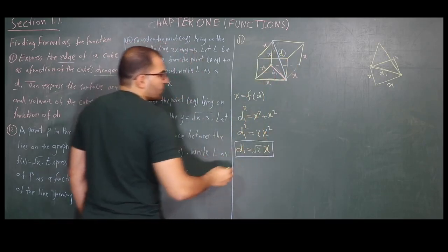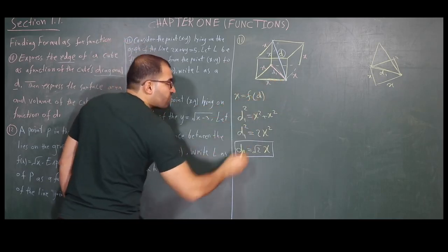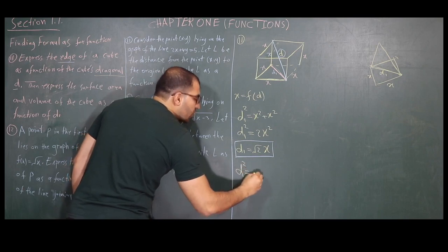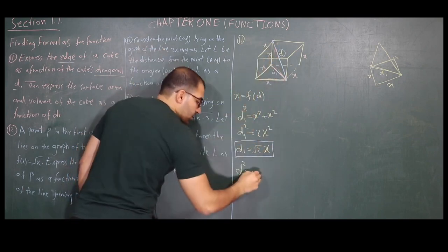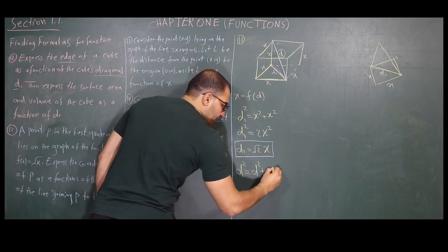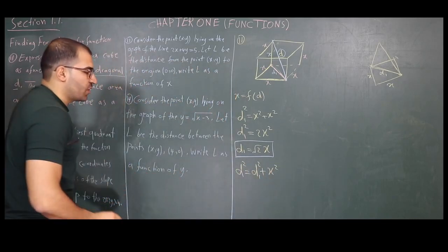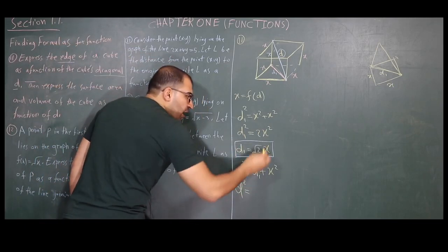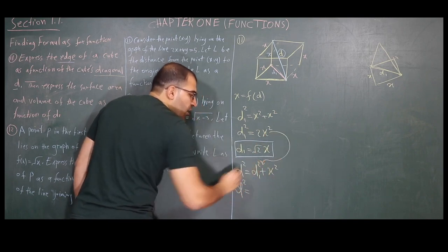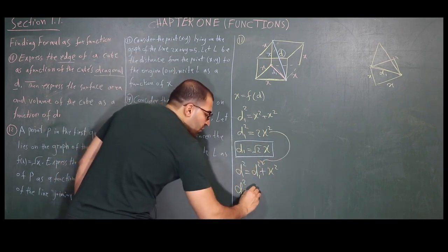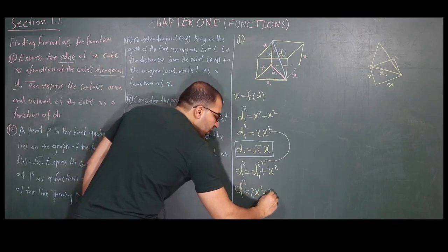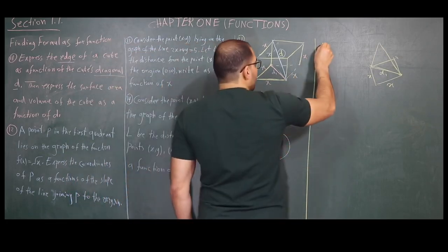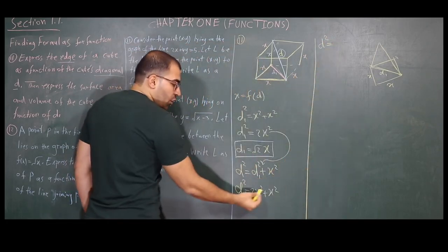According to Pythagorean also, d squared equals d1 squared plus x squared, and we know that d1 squared is 2x squared, so we substitute it: d squared equals 2x squared plus x squared. The result is d squared equals 3x squared.